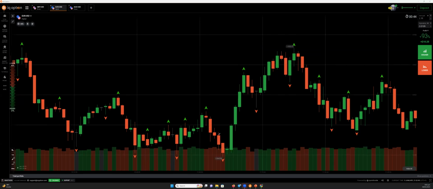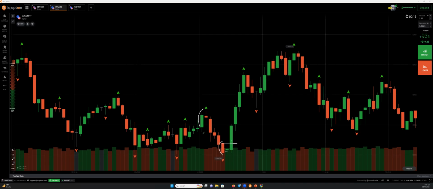The morning star: one red candle, and after the red candle, any weak green candle or weak red candle, and again a strong green candle. Sometimes this strong green candle may cross this level, and sometimes this green candle may close below the opening price of the red candle.